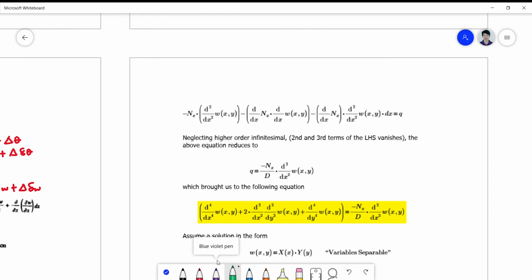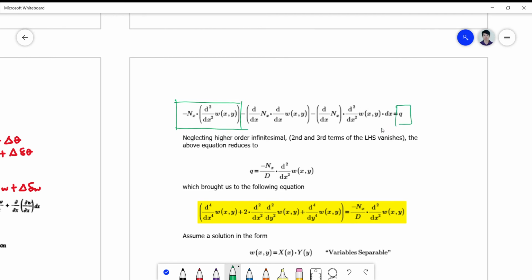This is a third degree derivative, and this is also a second degree derivative of a slope, so it becomes smaller and smaller, such that your remaining equation will only be this here and this q here.